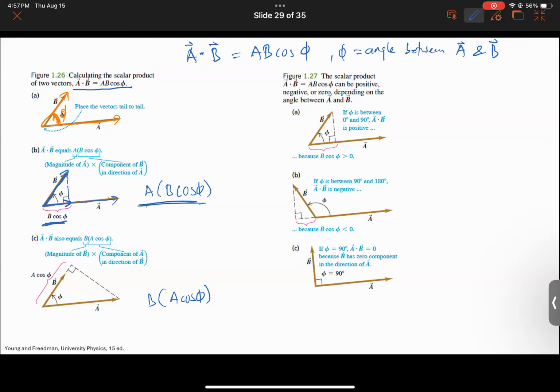Similarly, if this is vector B, tinitignan natin yung component ng vector A along this line. Okay? So ito yung component ng A along the direction of vector B. Yan ngayon yung A cosine phi. So multiply natin yun with vector B. It'll make sense much much better pag nagdi-discuss na tayo ng certain physical quantities later.